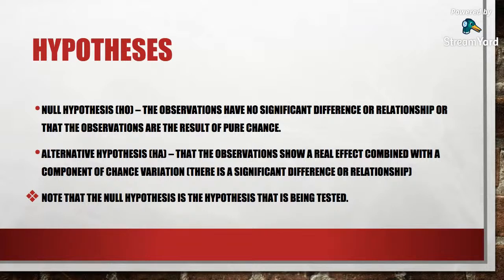So for example, if you would like to find out if brand A and brand B have a statistical difference in their effectiveness, of course, the null hypothesis will be that there is no difference in their effectiveness, or in other words, the two are equal in terms of their effectiveness. Okay, that's our null hypothesis.